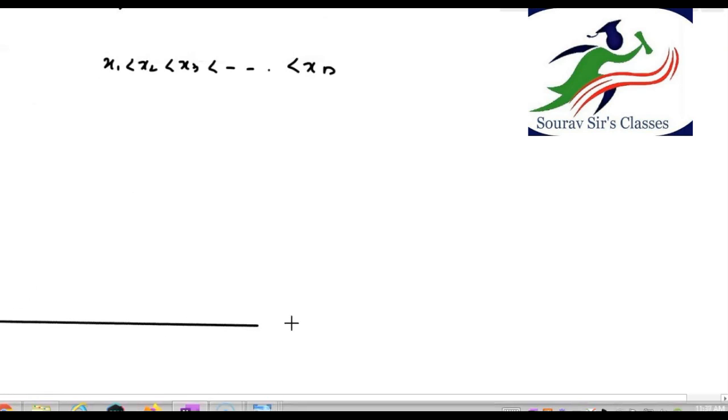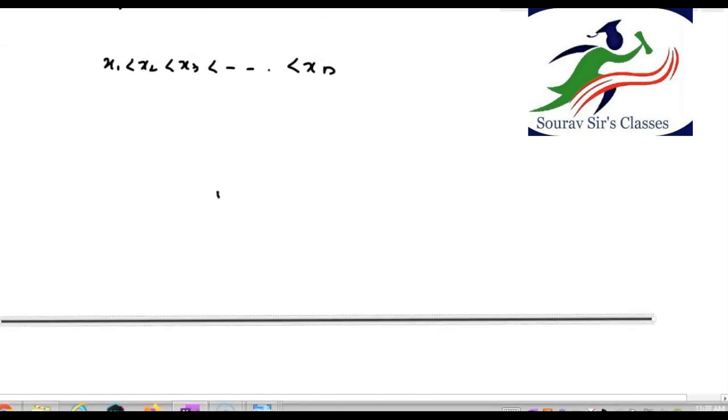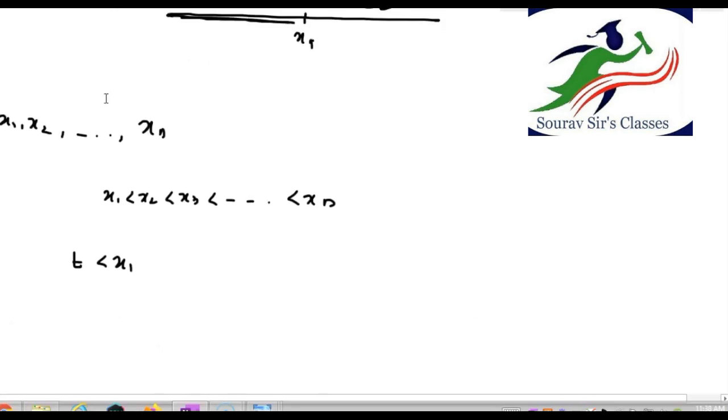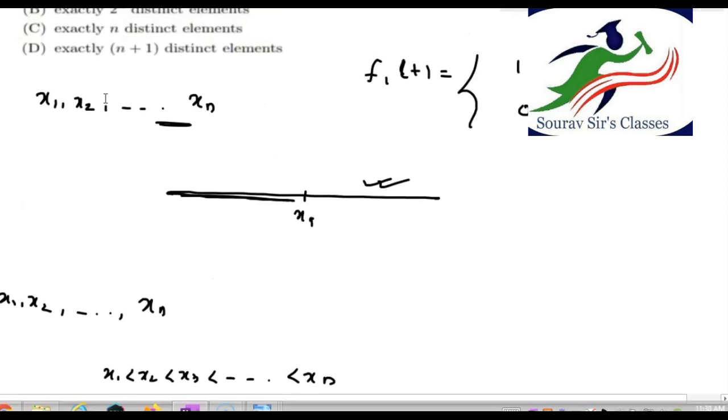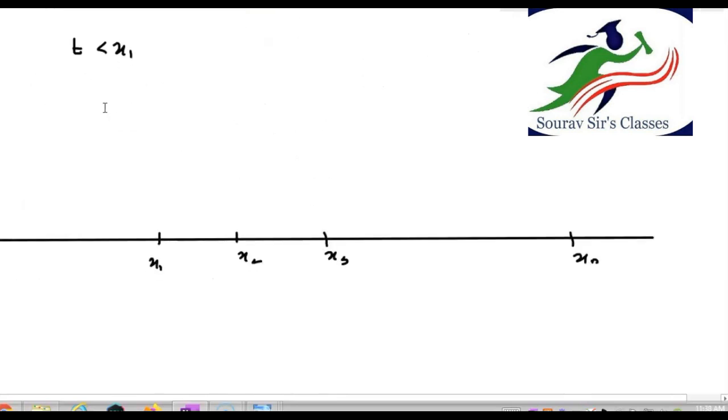Now let this be our number line, and this is x1, this is x2, this is x3, dot, this is our xn, right? So if we choose t less than x1, and x1 is the least number, I can say that t is less than xk for all k equal to 1, 2, up to n.